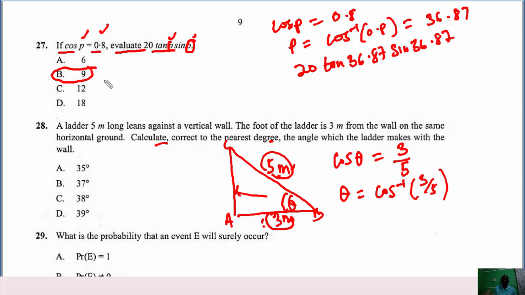So cos theta is 3 over 5, which will give us 0.6. So shift cos inverse of 0.6 will give us 53. So the answer is supposed to be 53 degrees. So anytime you get it, you solve it this way. Good.